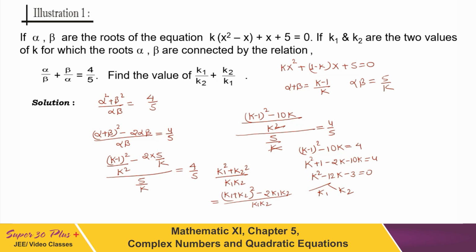What is the value of k1 plus k2? It is 12. We simplify it. It is 12 square, 144, minus 2 into minus 3, upon minus 3. Now simplify it. It is 144 plus 6 upon minus 3 is equal to 150 upon minus 3. It is equal to minus 50.